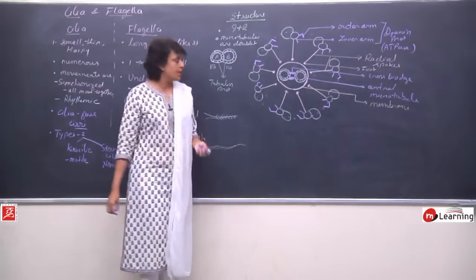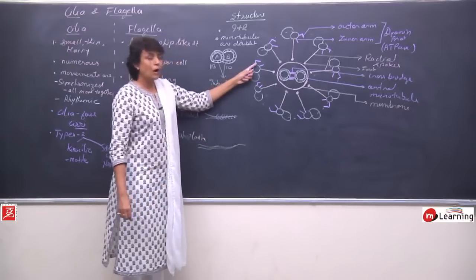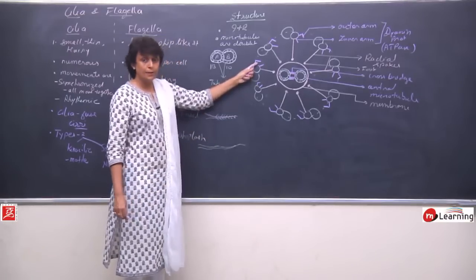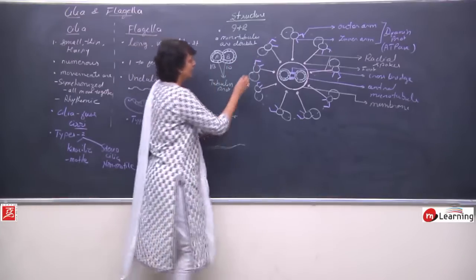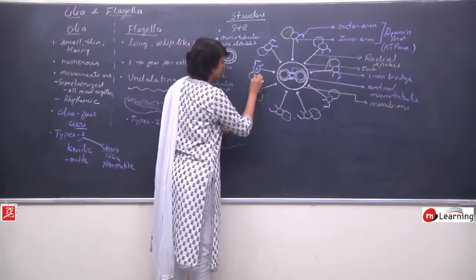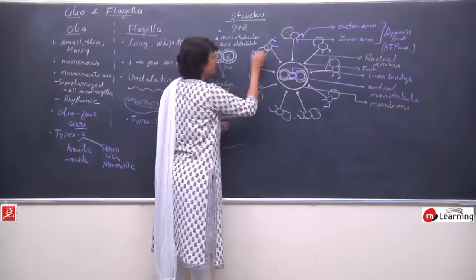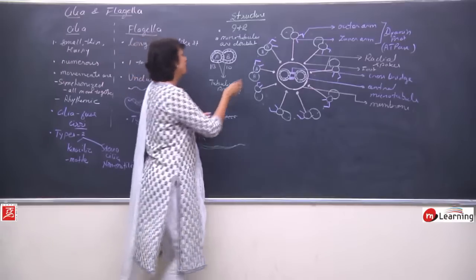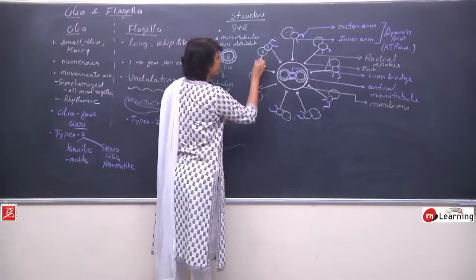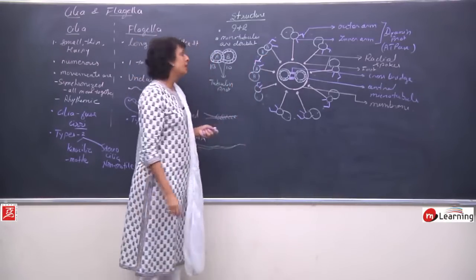Some more connections. The outer arm is connected to B of next. So, let us name these. This is A, B, this is A and B. So, outer arm connected to B. So, from here there is a connection.